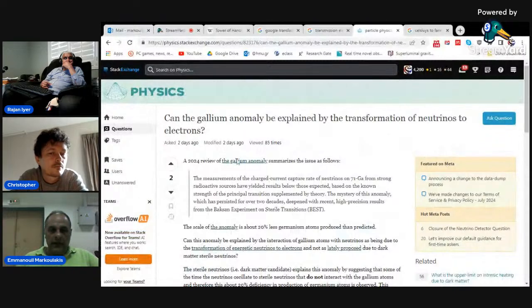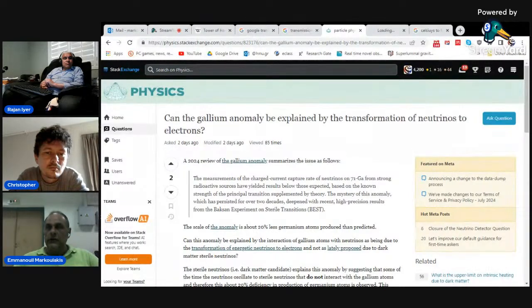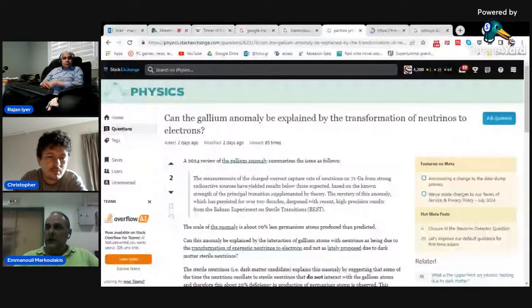It's actually a review paper. So what it's saying, we know that the neutrino is oscillating all the time. The electron neutrino can change to a tau, and then can change back to the electron neutrino.